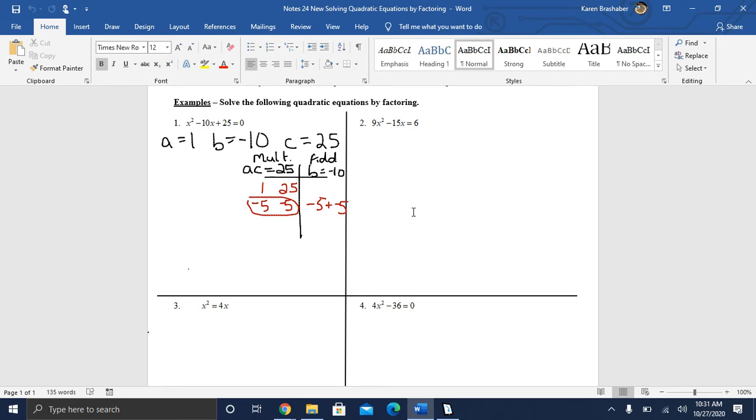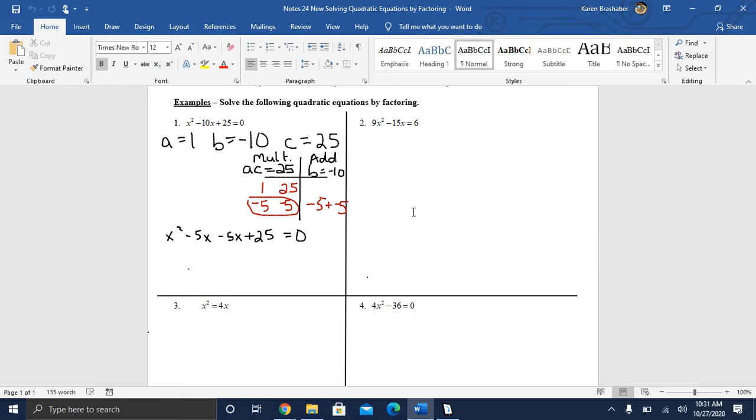And so we will work with our equation, having x squared as our first term, and then minus 5x, minus 5x using our two negative 5's, and then plus 25 and equals 0.